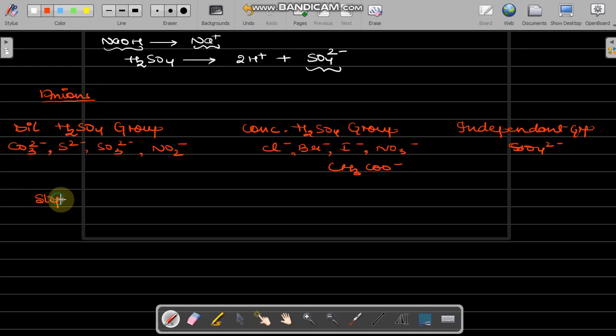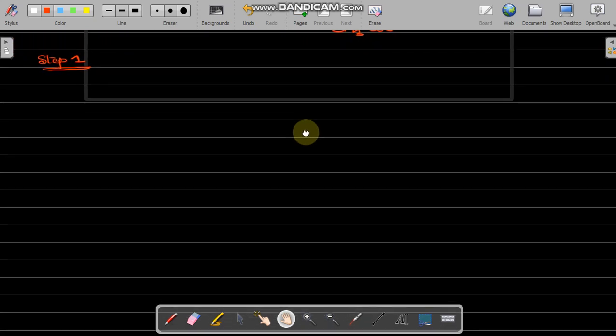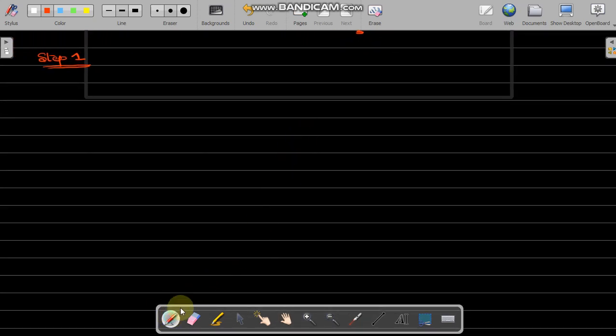Now, a salt is being given to us, and we want to detect the anion. So what will be the steps? Step 1. Any salt is being assigned to you, just follow these steps. Take a dry test tube. In this dry test tube, add a very little amount of the salt and add water.